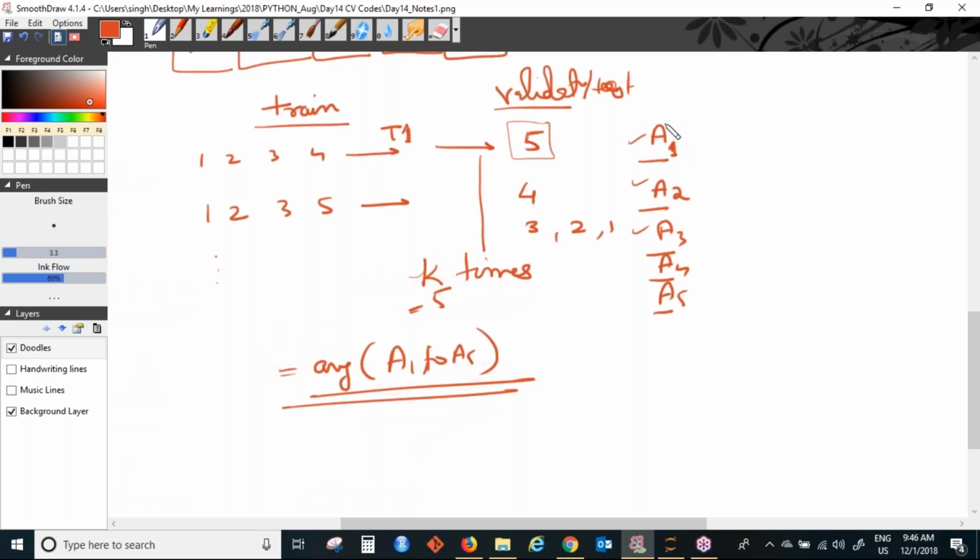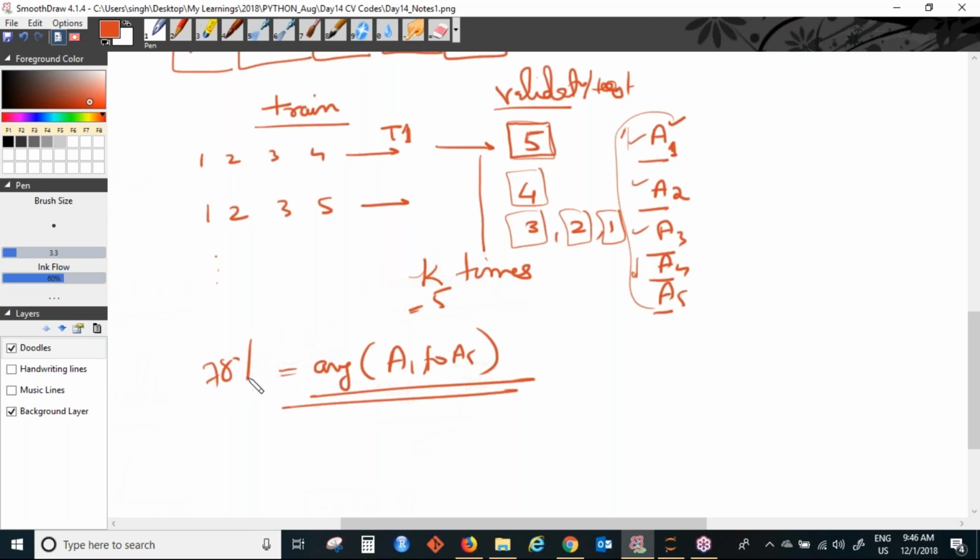Let's say A1 is very good, but only when you are testing the model on the fifth part. On the other parts, it may not be good. So we average it, so that the final accuracy is more consistent, because sometimes you will see higher, sometimes lower, but on an average this is what you will see.